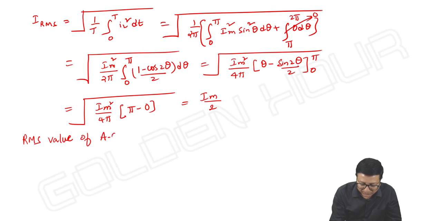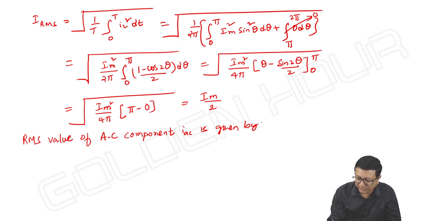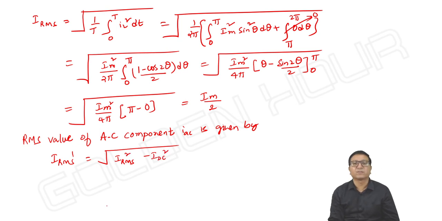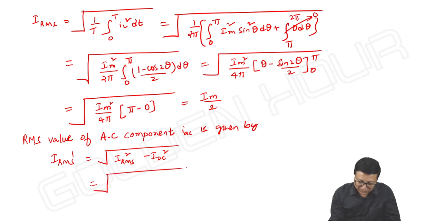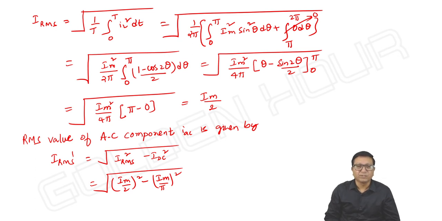It is given by, I told you that formula, IRMS dash, it is equal to square root of IRMS square minus IDC square. And IRMS, what is IRMS? It is Im by 2 whole square minus Im by pi whole square. We can write this RMS value of the AC component.